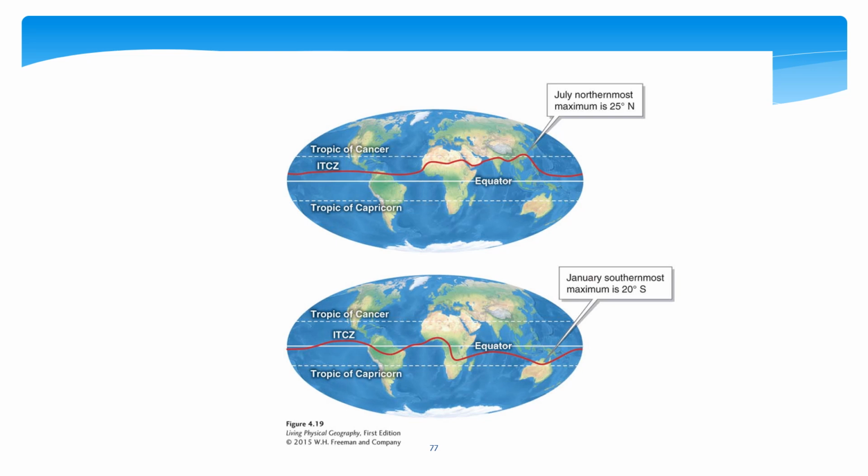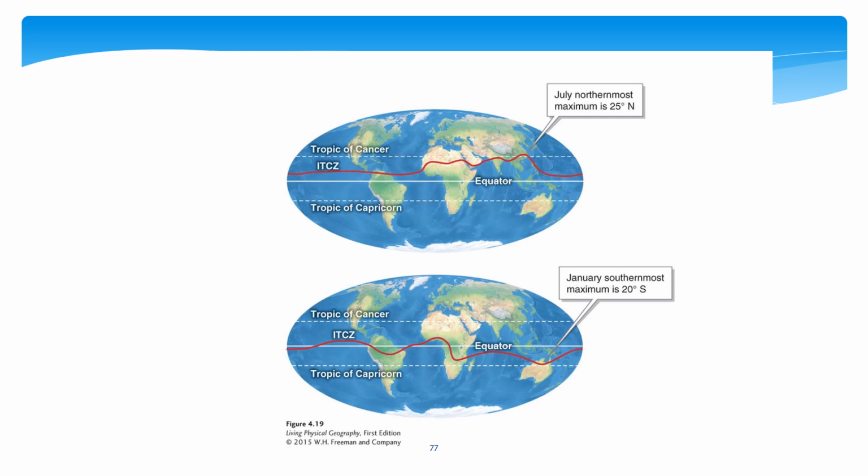One thing I would also point out before we leave looking at the ITCZ is that these seasonal shifts of this warm, humid, rainy belt are going to have implications for the rainy seasons over land areas. Think about it.